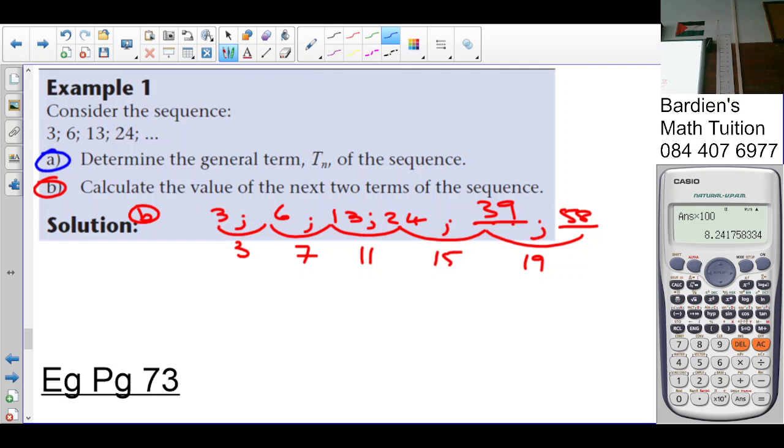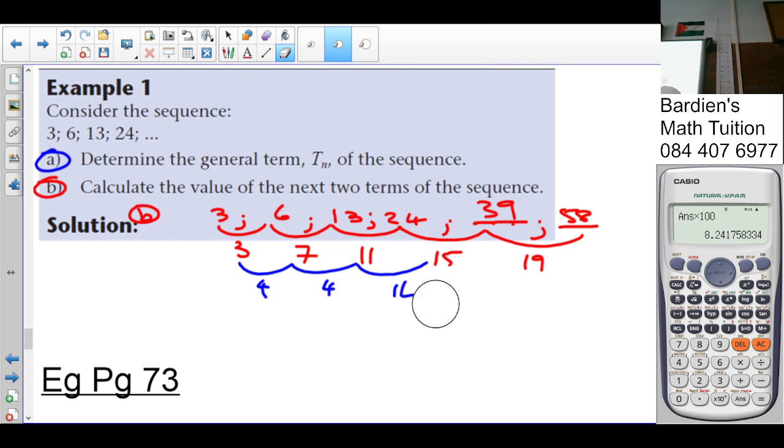So you see, this was your first difference here, not so? Can you see it? So how do I move from 3 to 7? You add 4. 7 to 11? Add 4. 11 to 15? You're adding 4. 15 to 19?